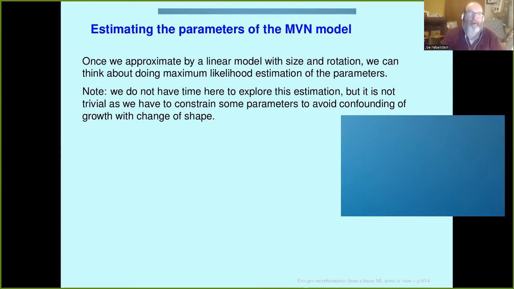Let's estimate the parameters by maximum likelihood. You want to estimate the starting form, and you want to estimate the shape parameters and the size parameters. And if you look at the way that that's set up, I just want to say that it isn't completely obvious how to do it. It's not simply a matter of using the empirical covariances.